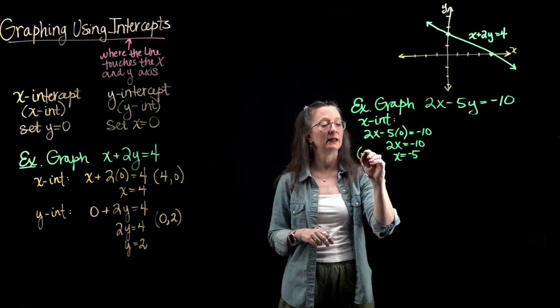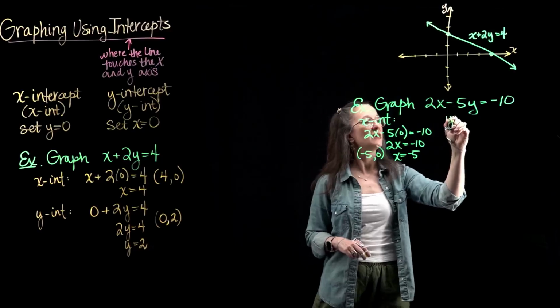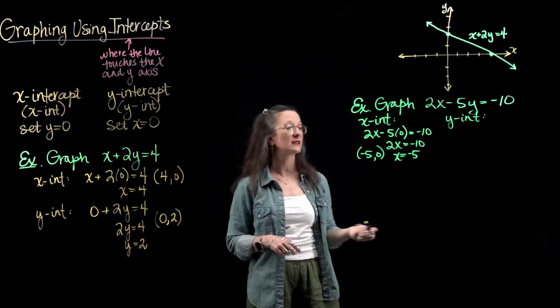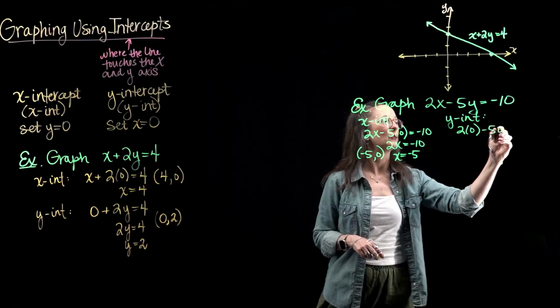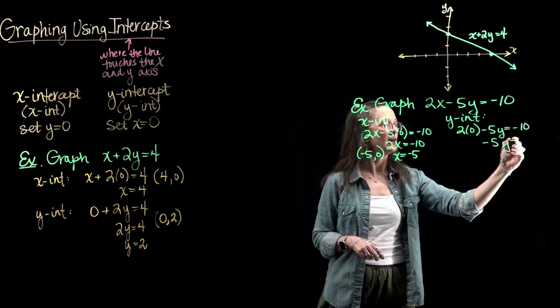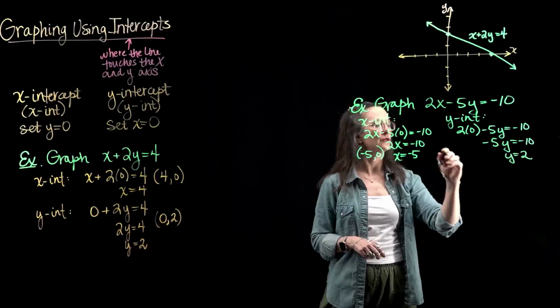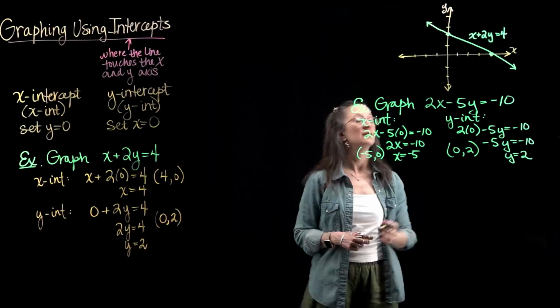So that would be the point -5, 0. And let's find my y-intercept. For the y-intercept, we set x equal to 0. So 2 times 0 minus 5y is equal to -10. Minus 5y is -10, and y is equal to 2. So that gives me my second point, which is 0, 2.